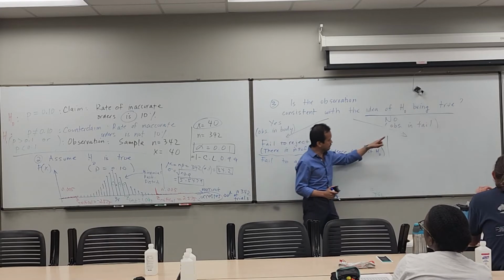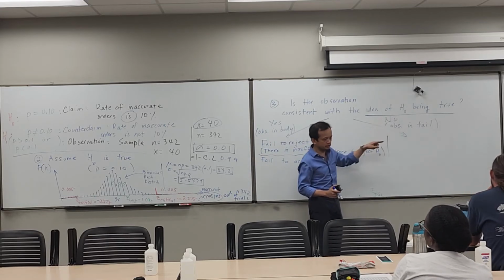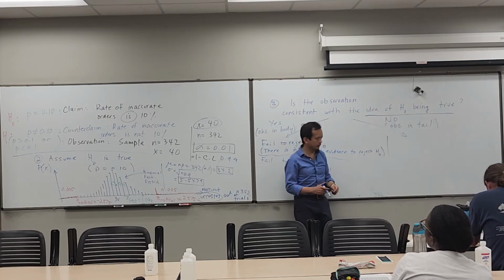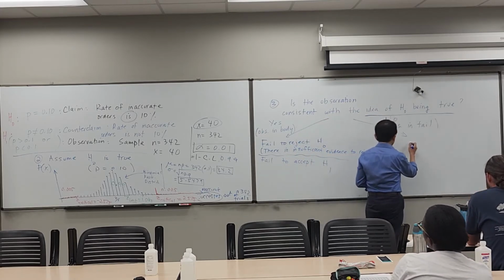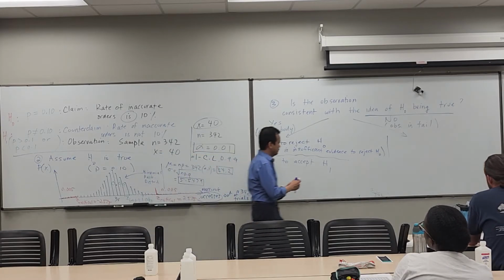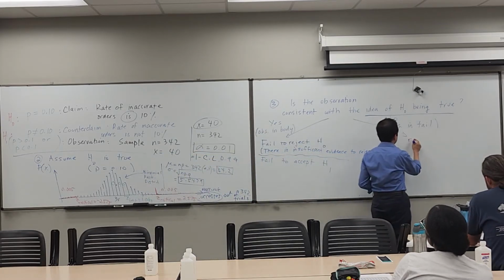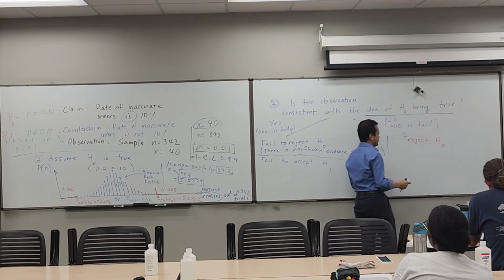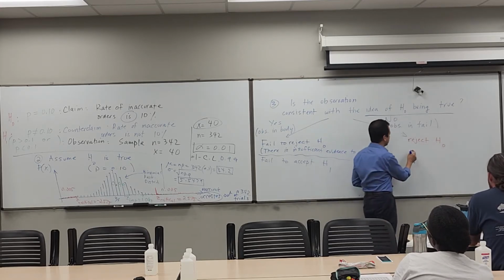Very good. So you can flat out reject this idea that H0 is true because already you had an observation that was not consistent with H0. So you can flat out reject H0, and because you can reject H0, you can accept H1.